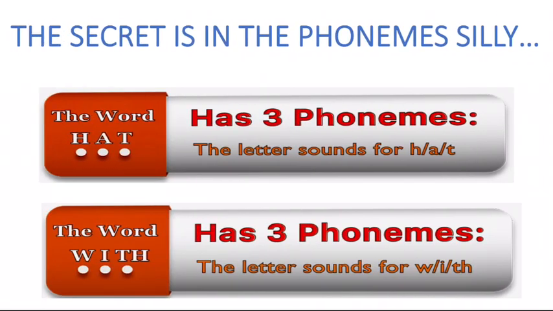Hat has 3 phonemes, the distinct sounds for h, a, and t. And the word with also has three phonemes. The distinct sounds for w, i, and th. Note that th makes one sound, and they call it a digraph.